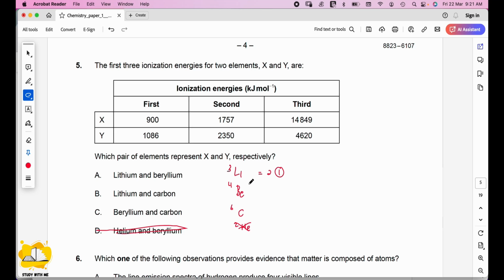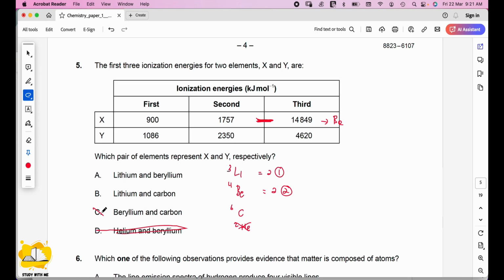So we go to beryllium, which is 2 and 2. So 2 electrons will be easy to remove, but not the third electron. You can see from the second to third, the difference is very high. So in this case, this will be beryllium.